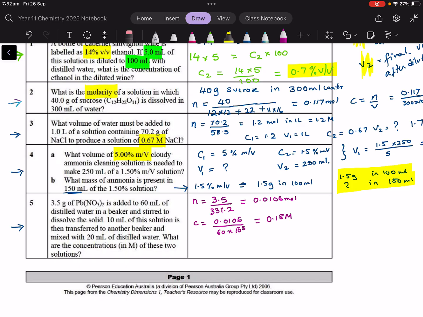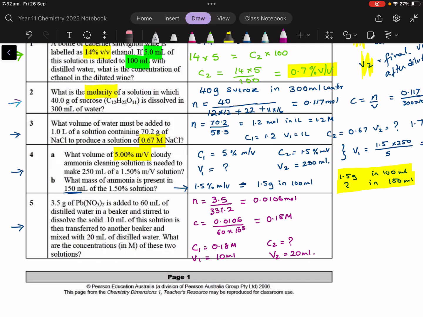Now you are diluting that solution. You're taking 10 milliliters. So C1 is 0.18 molar. Volume that you have taken is 10 milliliters. And C2 you don't know. You're going to find out. And V2 is 20 milliliters. You're making the volume and mixed with 20 milliliters of volume.